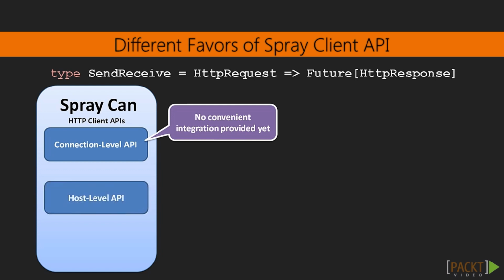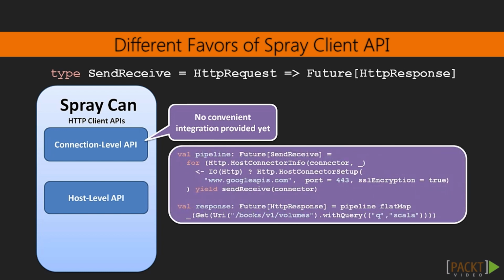Host level API takes a lot of boilerplate out of connection level API and provides high-level abstractions to communicate with a particular host or server. Spray Client could be used with host level API, but still, it requires a lot of coding to be done.